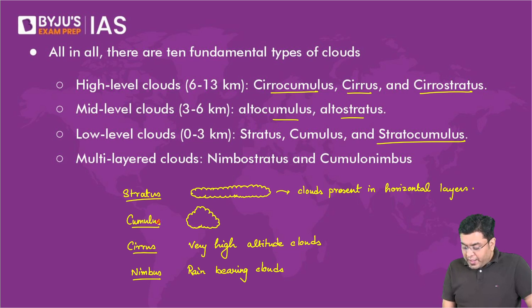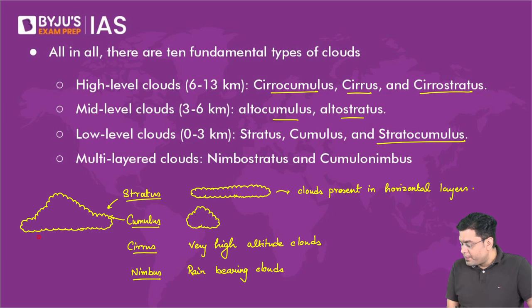So this is where you will observe the formation somewhat like this. That is a combination of both of them. That is stratus as well, cumulus as well. So this is stratocumulus.